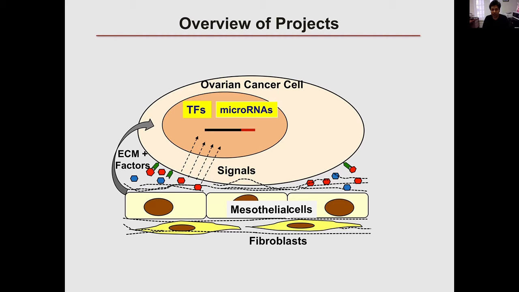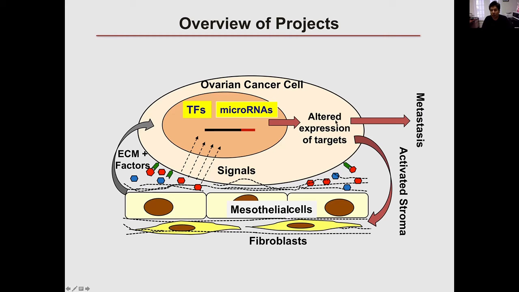So gene regulation is important for inducing an adaptive response. So the cancer cells now need to either express or suppress certain genes so that they can thrive in this new microenvironment. So what are the altered targets of these microRNAs and transcription factors? And how does that lead to metastases, or can reprogram the normal cells in the microenvironment into cells which can support the cancer cells, so activated stroma.